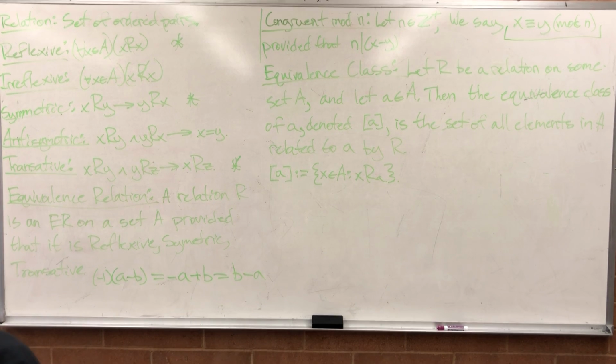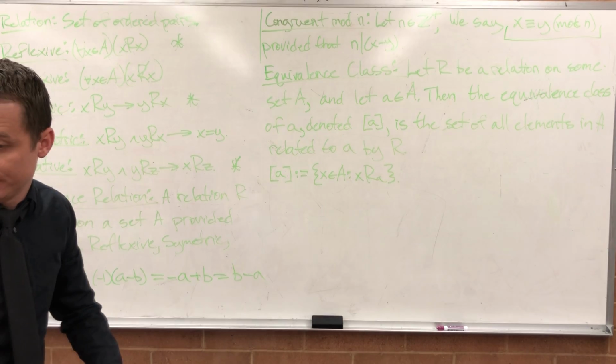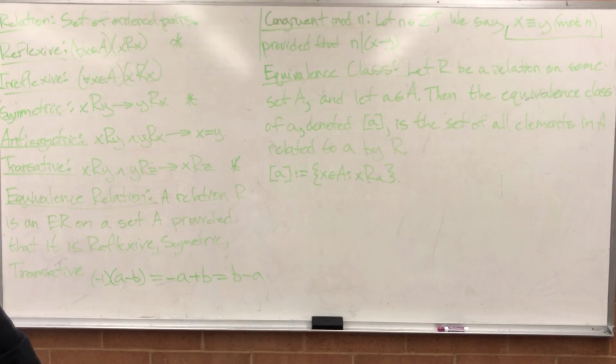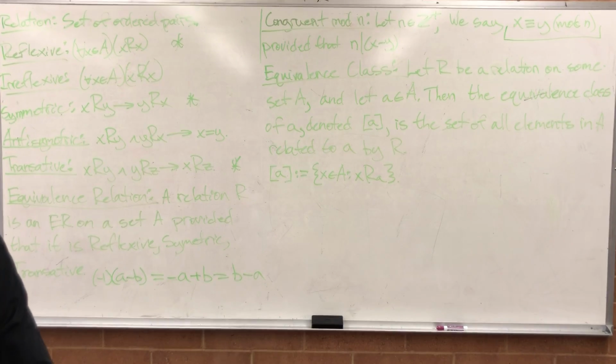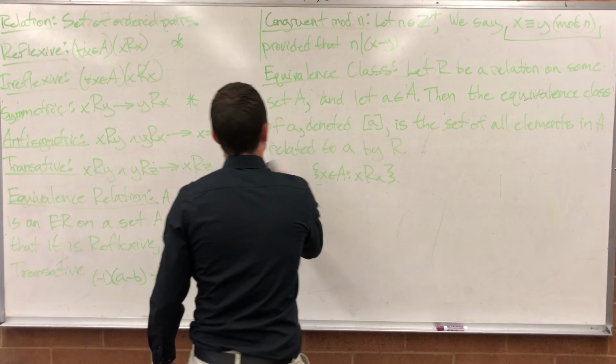Example, let R be the has the same size relation defined on a set of sets. Won't bother with that. Let's just go straight to the proof. All right, let R be an equivalence relation on a set A and let little a be in big A. Then little a is in its own equivalence class. Okay?